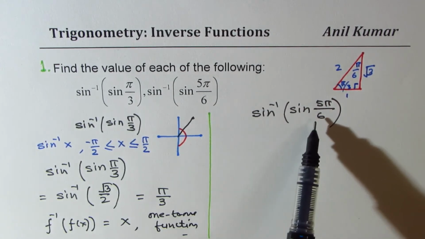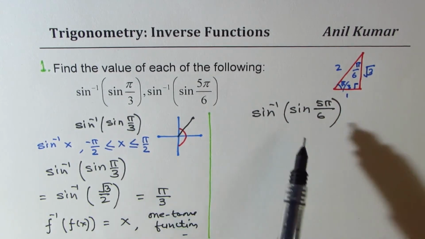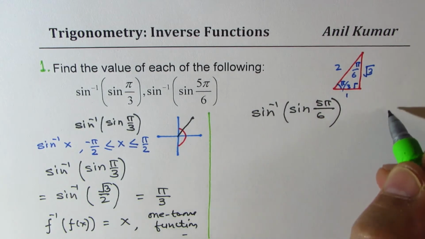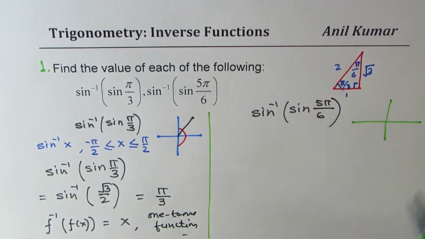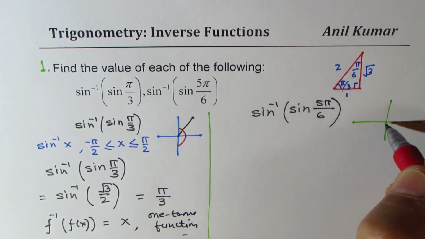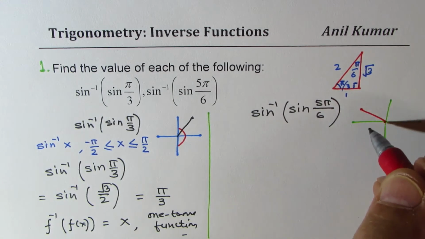Now let's look into the second case, where we have sine inverse of sine 5 pi by 6. If you look at sine 5 pi by 6, the value 5 pi by 6 is in a quadrant where sine is still positive, correct?